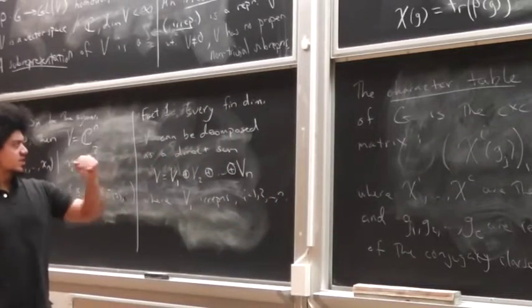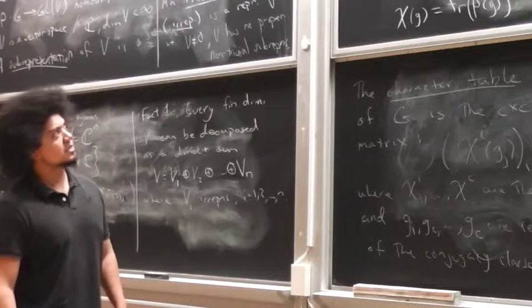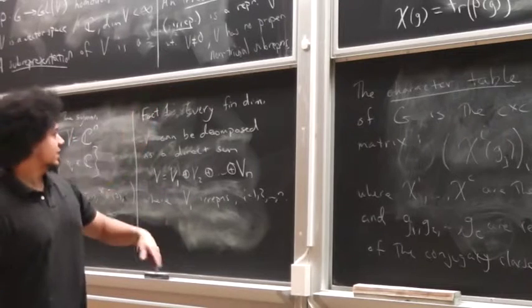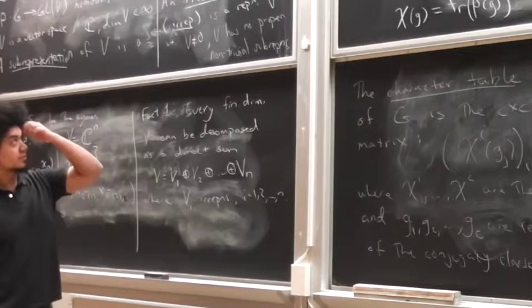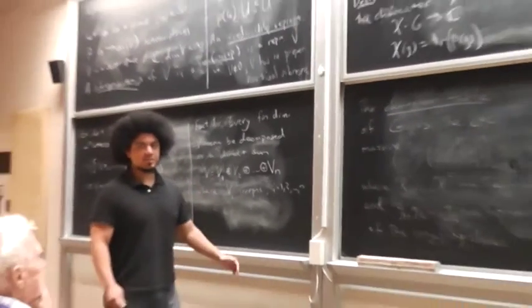Here we've just exploited the fact that it's constant on conjugacy classes, this little one-line proof, and fact 2, that there are the same number of conjugacy classes as there are irreducible representations.